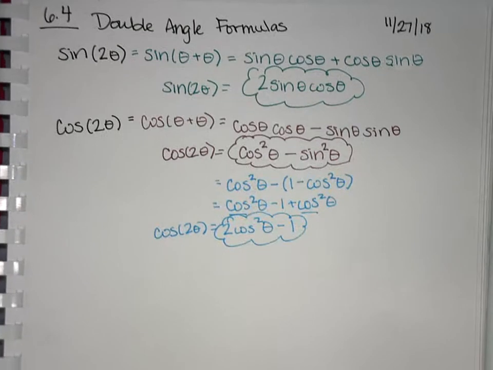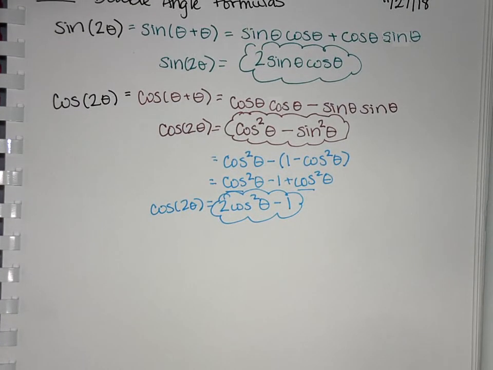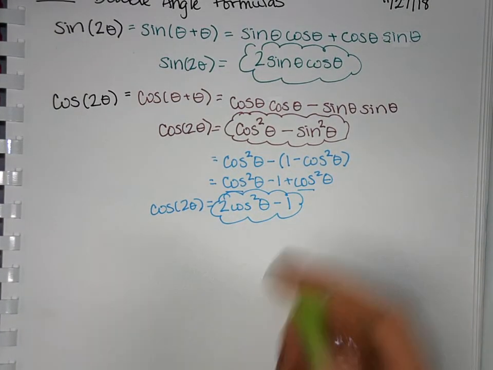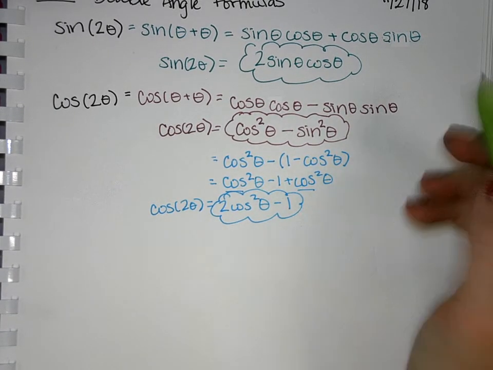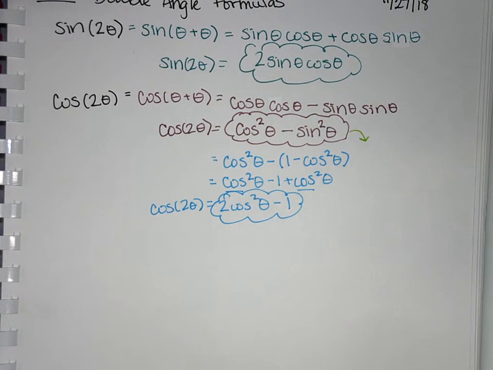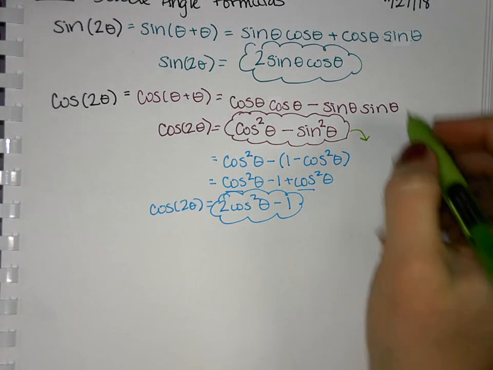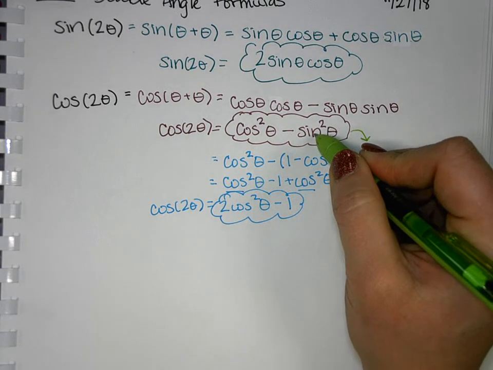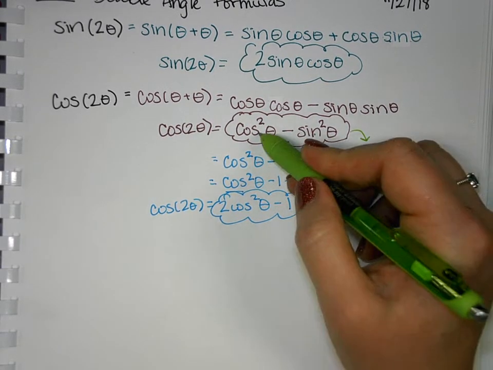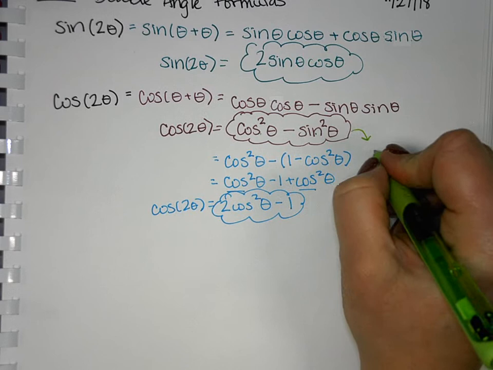Now there is a third way that it can also be written. Our third way is to take the same starting point, and instead of substituting the Pythagorean identity in for sine, what if we substituted it in for cosine?